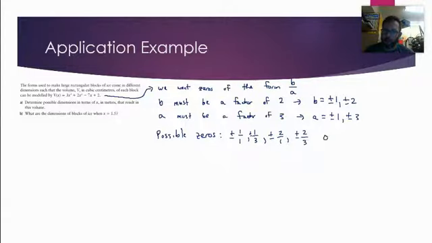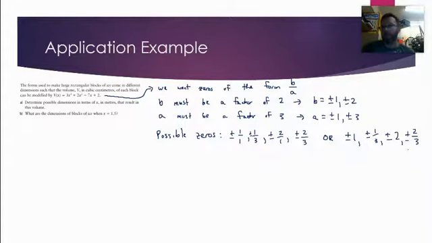All the combinations. And just simplifying these, our possibilities are positive or negative 1, positive or negative a third, positive or negative 2, positive or negative 2/3. That's it. Those are the only 8 possibilities, guys.